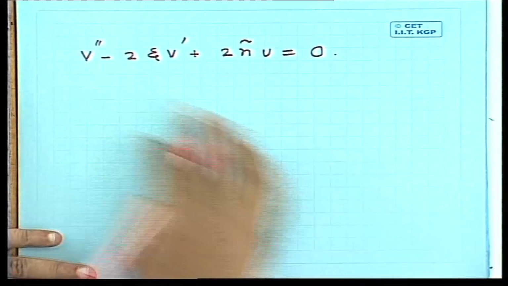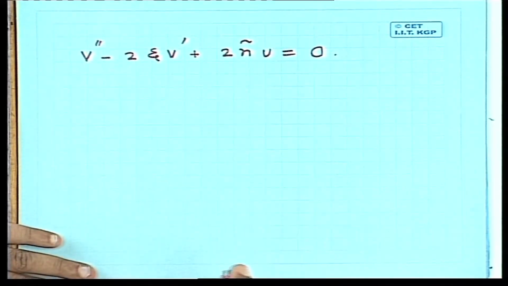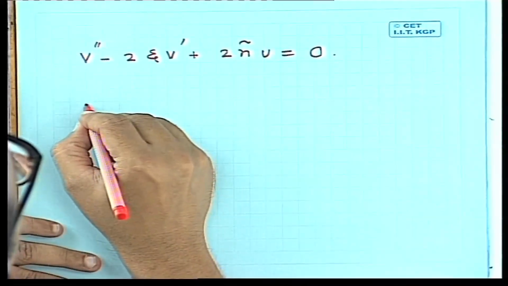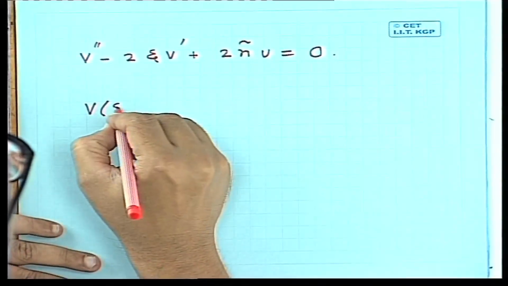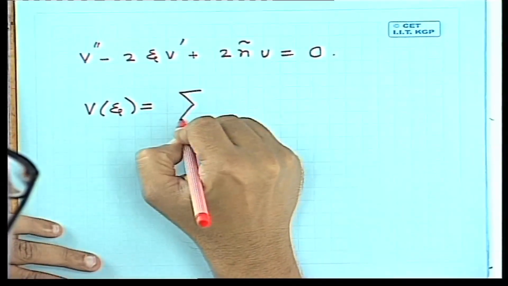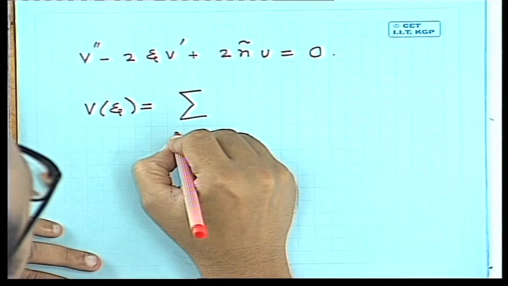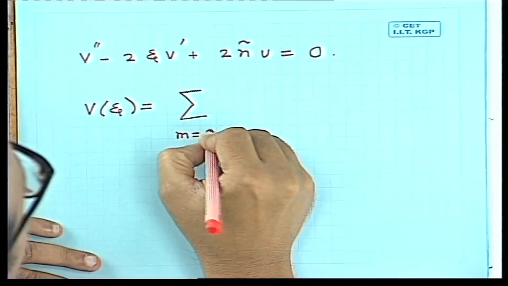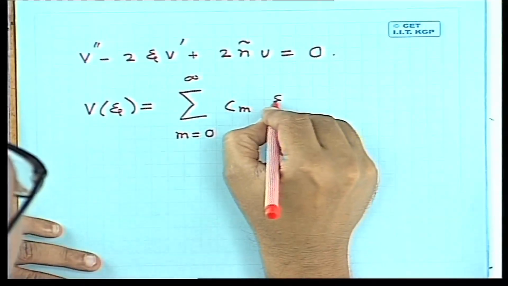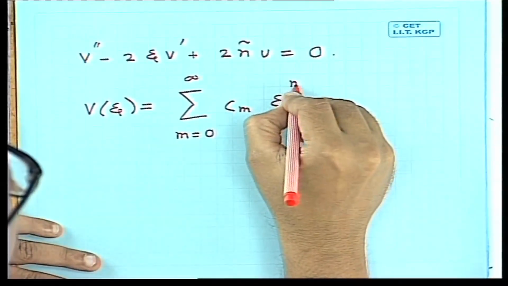Now we have to solve this equation. So we proceed by doing a series solution. So we represent v of xi as some series like this, with m going from 0 to infinity, Cm xi to the power m.